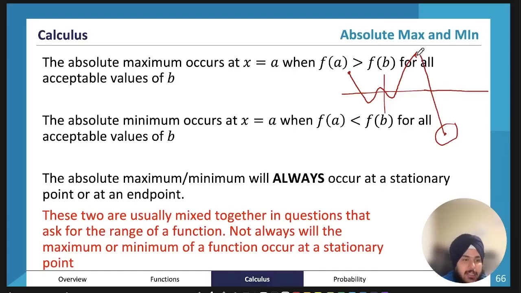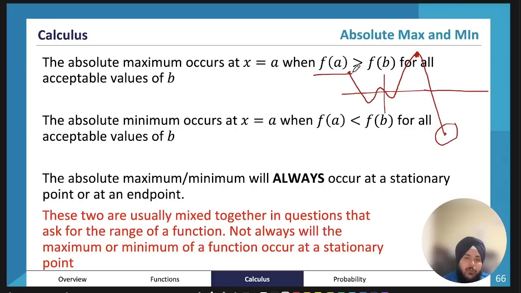Okay, so here are just some basic rules. So if the absolute maximum value occurs at x equals a, f of a is going to be greater than f of b for all acceptable values of b. So essentially what this is saying is, let's just say we have the absolute maximum at this point over here.